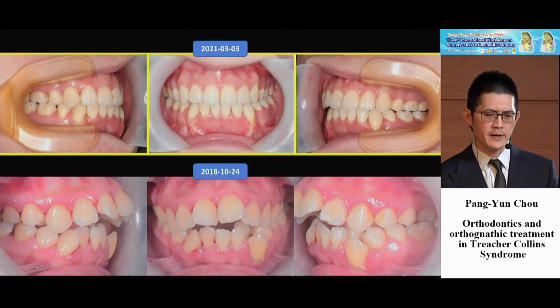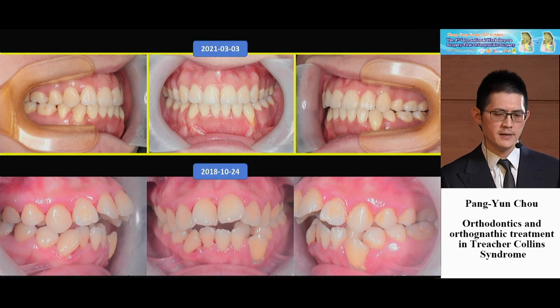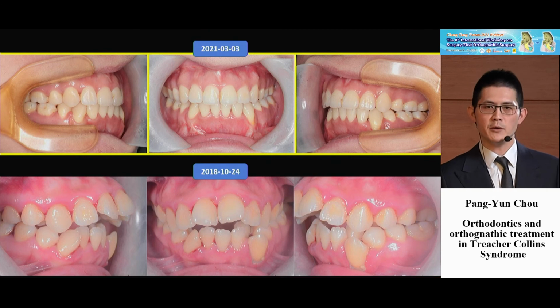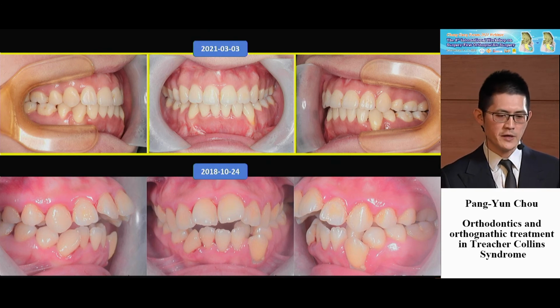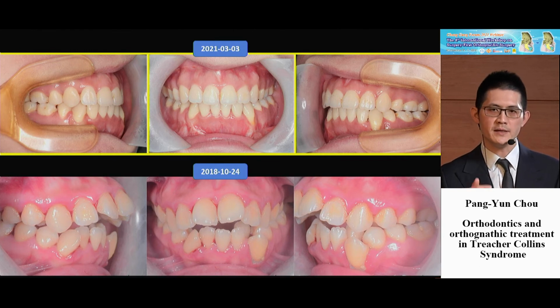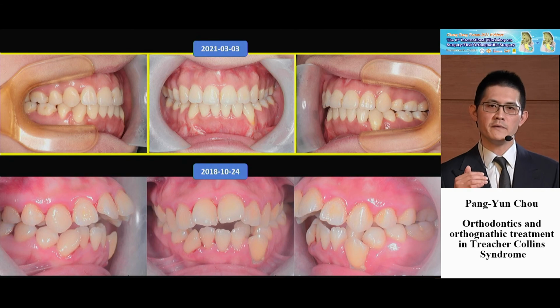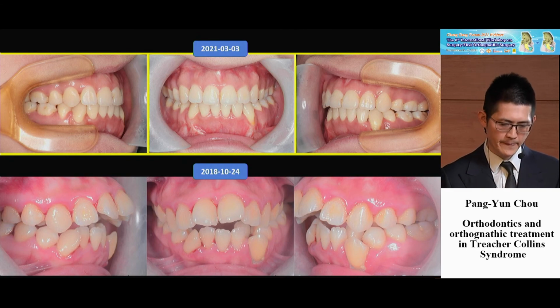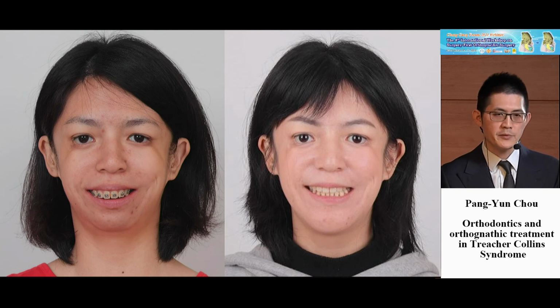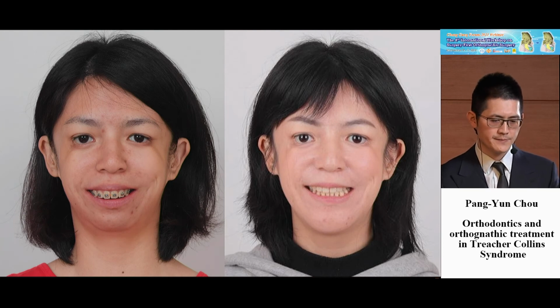So this is the kind of surgery procedure we perform to correct all the functional and cosmetic results. You can compare the beginning in the lower row and the final occlusal plane in the upper row. You can see the differences. This is the pre and the post.